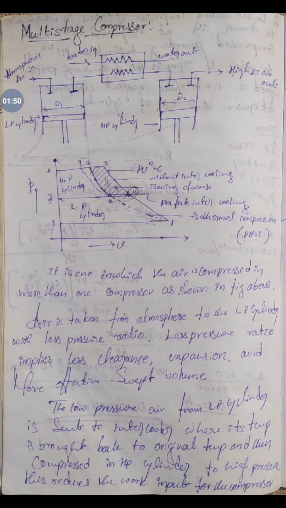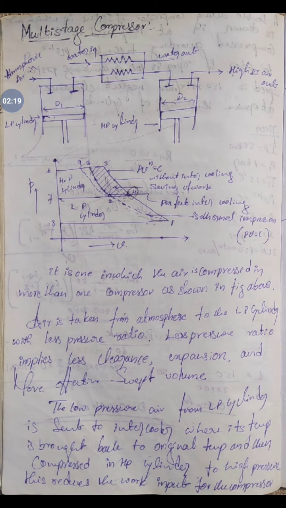If the compression of air takes place in two stages, then it is called a multi-stage compressor. What is the necessity of intercooling? In order to reduce the work required to compress the air, we provide the intercooler. We know that the area under the curve is nothing but the work required to compress the air.